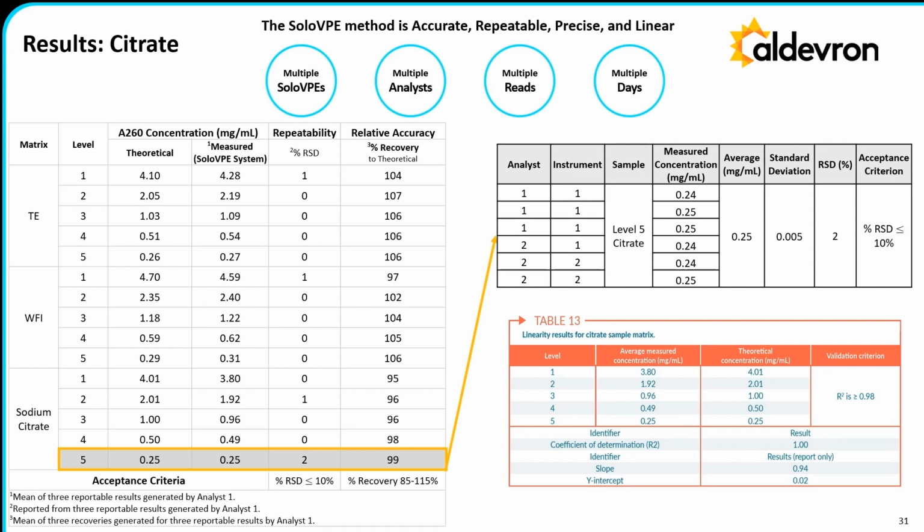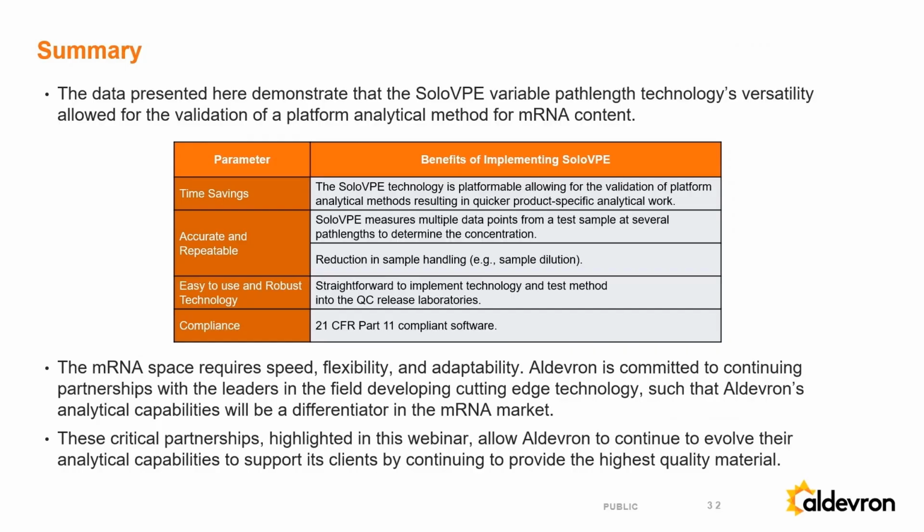So really, these data demonstrate, at the end of the day, the capabilities of the technology as a platform analytical method. And so just to sum up the data slides and the white paper, the data presented here really do demonstrate that the SoloVPE Variable Pathlength Technology's versatility allows for the validation of a platform analytical method for mRNA content to support our drug substance assay panel.